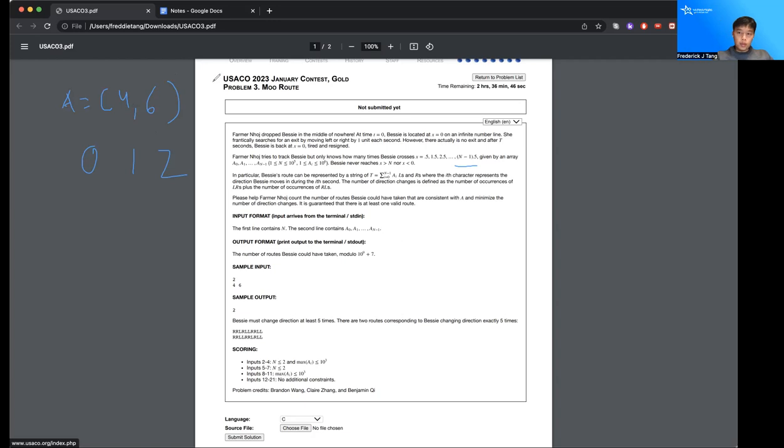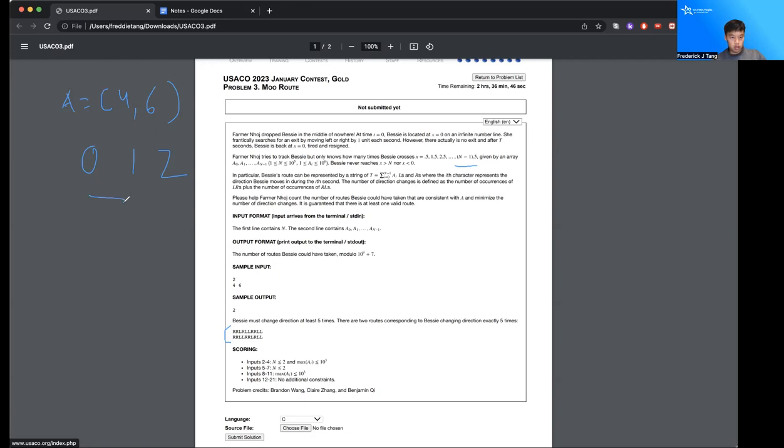Well, if you play around with it, you'll realize that she must change direction at least 5 times. And the 2 paths that minimize that, with exactly 5 direction changes, are these 2 down here. So I can demonstrate what it looks like.